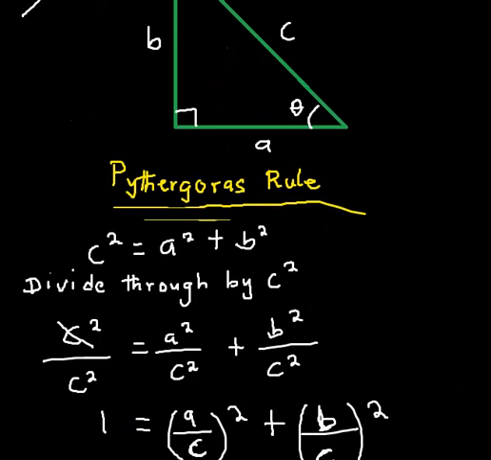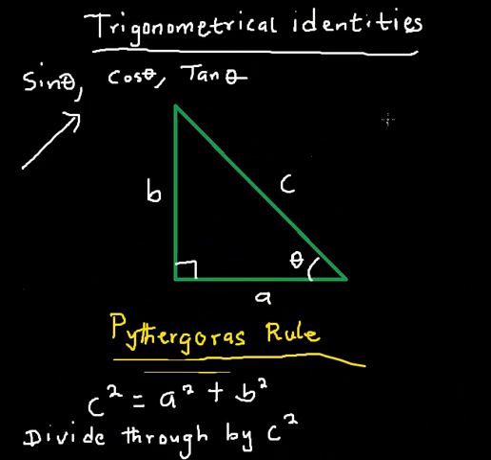You can prove that using this right angle triangle. Tan theta is equal to sin theta over cos theta, right?